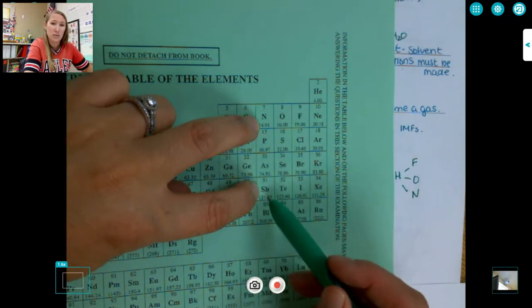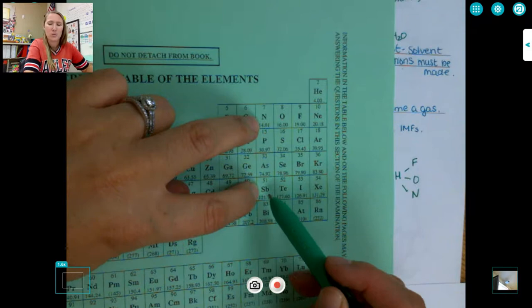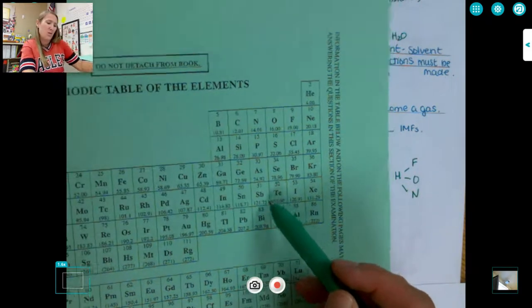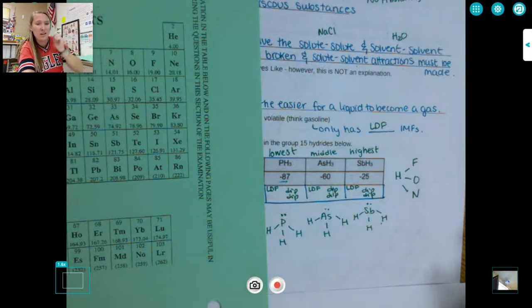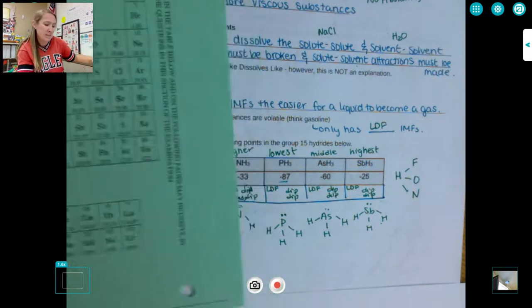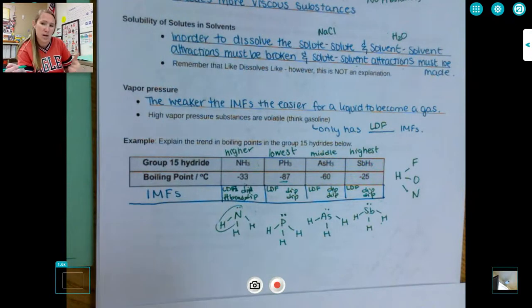So this guy is really, really big. And that means that if this guy's really big, it can make stronger induced dipoles. So it can have really strong LDFs.